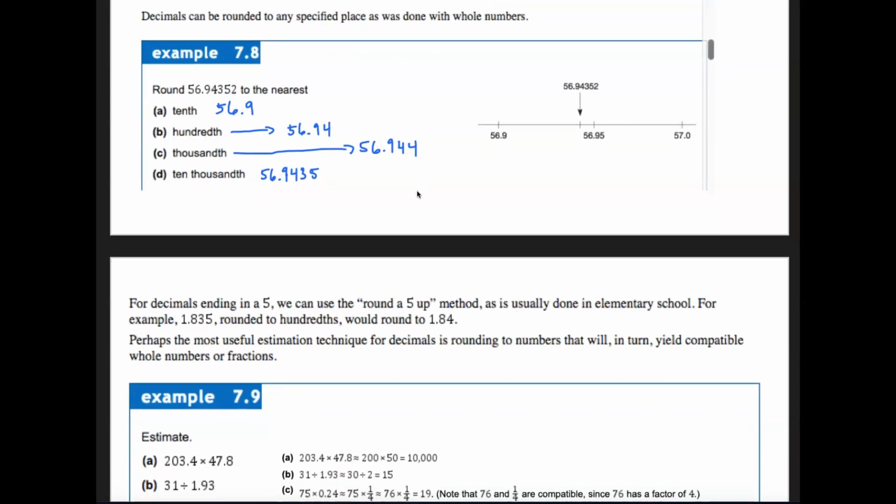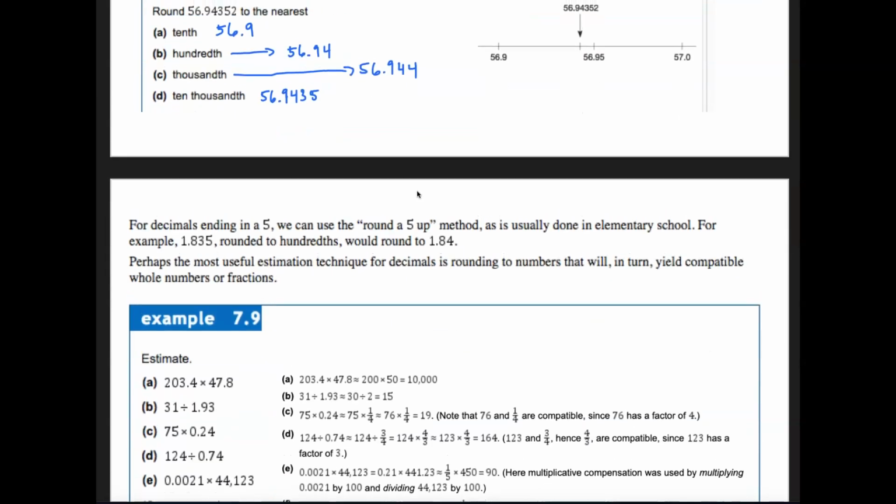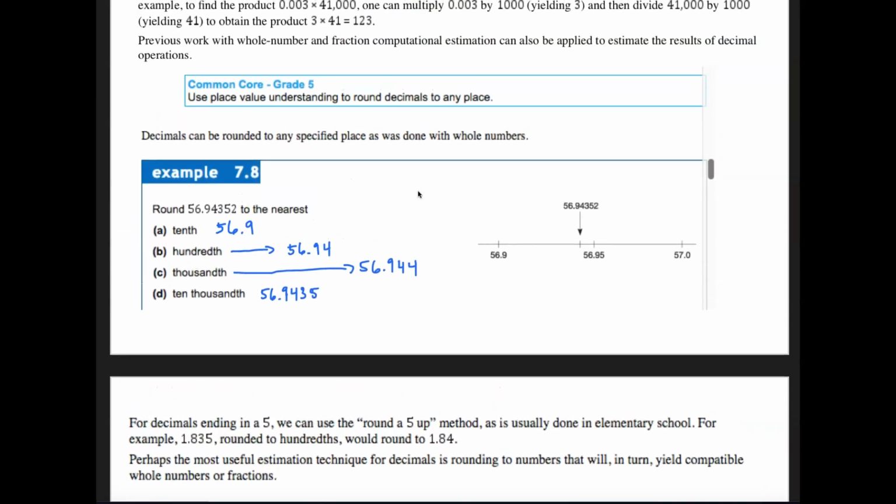Something to consider. And then the last topic that many students struggle with is rounding. We talked about this a little bit prior with whole numbers, but now we're looking at rounding to the nearest tenth, and here are the answers to that. Again, rounding is just an estimate. This is a number, and all we're doing is trying to come up with an estimate for this number to the tenth.